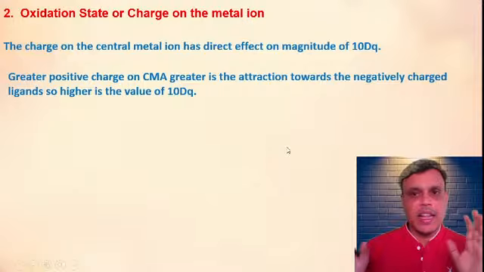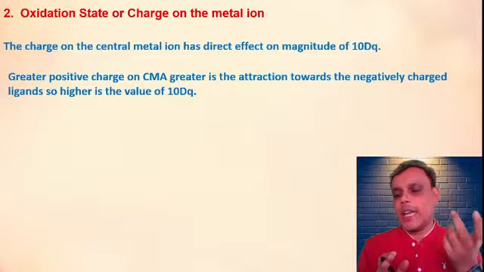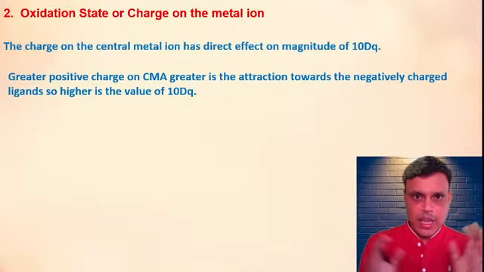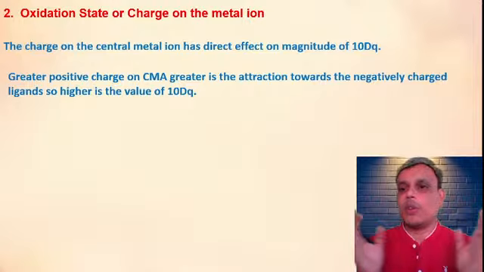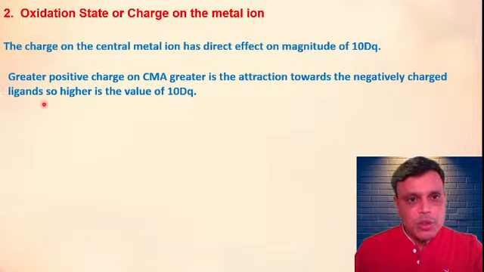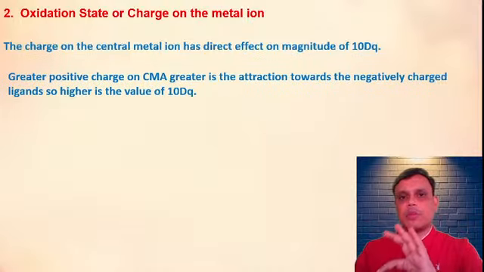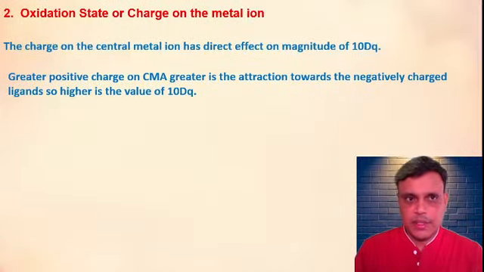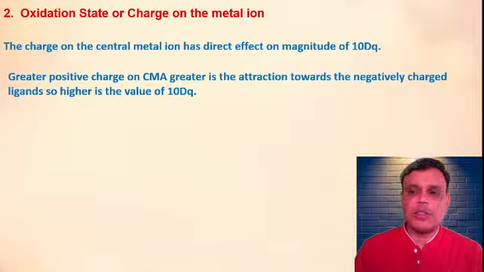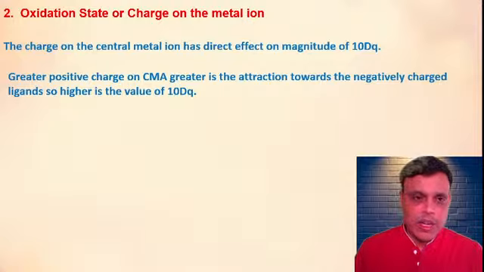You know that ligands are negatively charged because they contain electrons. If there is greater positive charge on the metal, attraction will be more. More attraction means bond formation is also more, so it will show a higher value of 10 Dq. That means the oxidation state is directly proportional to the magnitude of 10 Dq. Oxidation state and charge on the metal is directly proportional to the magnitude of 10 Dq. Okay, now let us see an example.